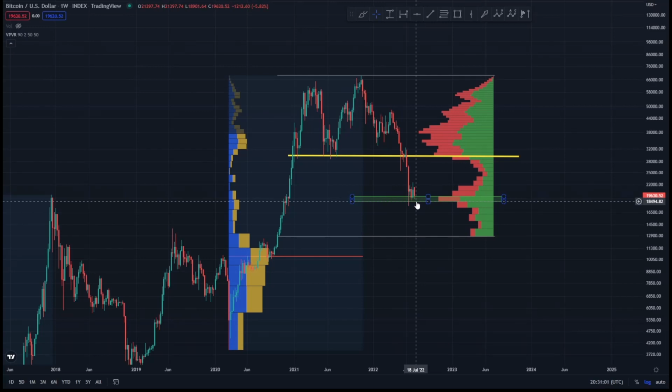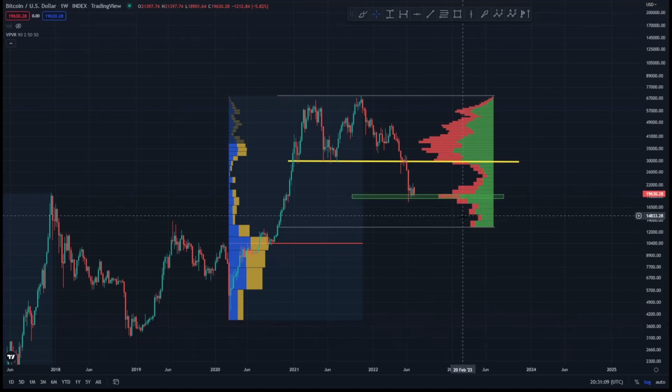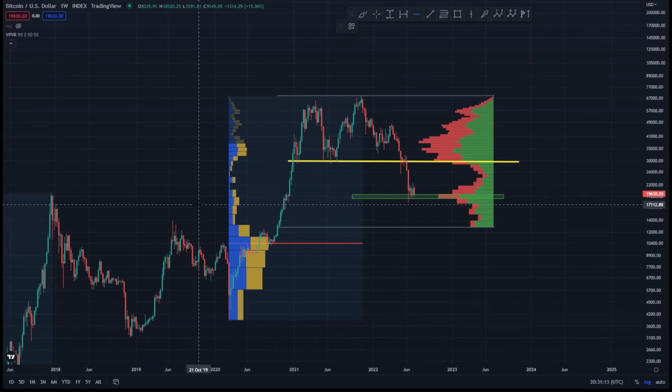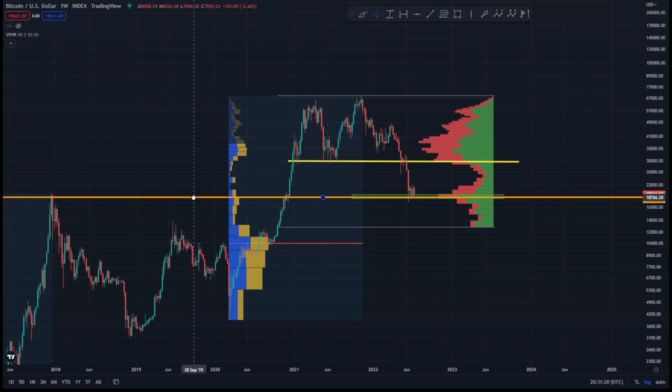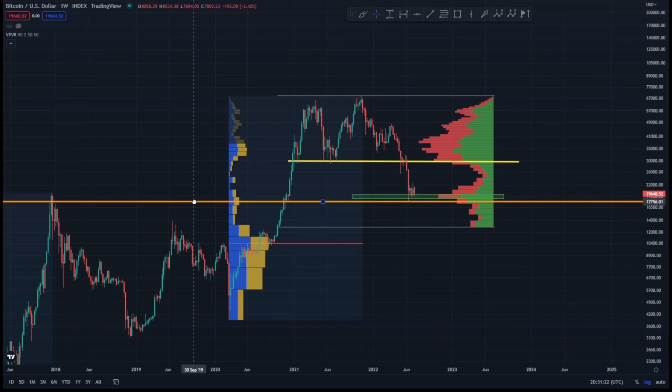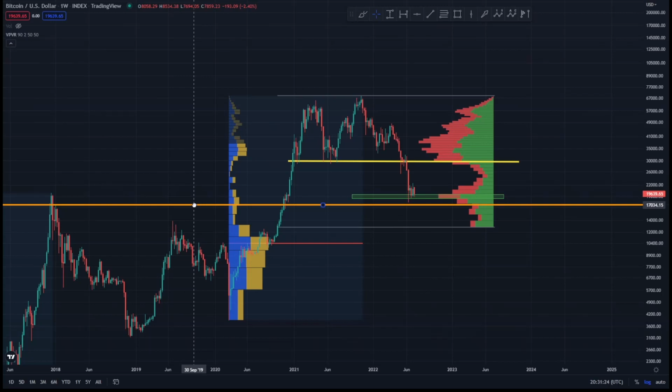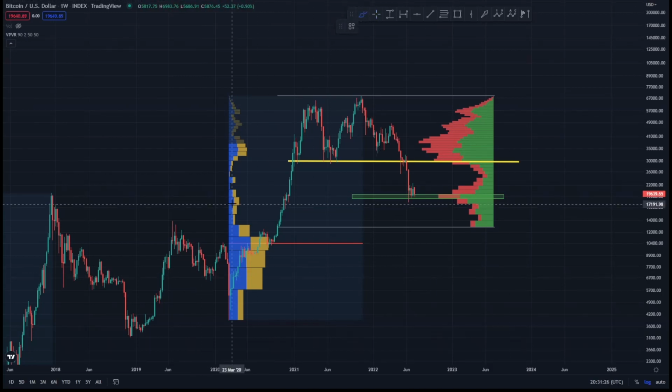But just to look at purely what the volume profile for the visible range says, 18,500 is really the floor. There is not a lot of data traded within this range, and you can see over here the fixed range is in agreement. This one's a little bit lower; you've got a cluster between 18,700 and 17,000, but I would really like to emphasize that these are not large clusters.